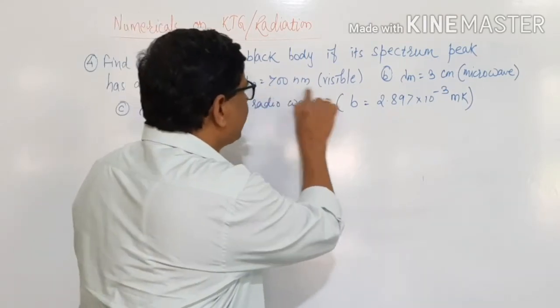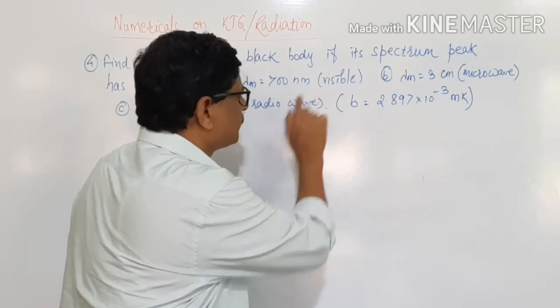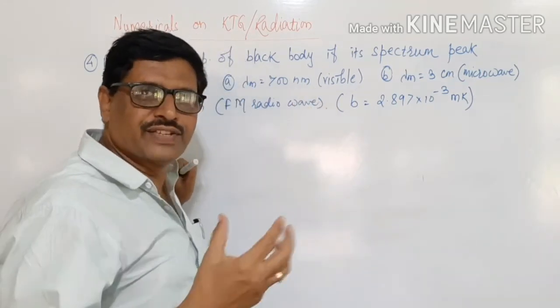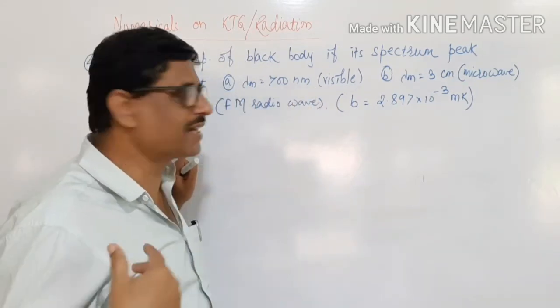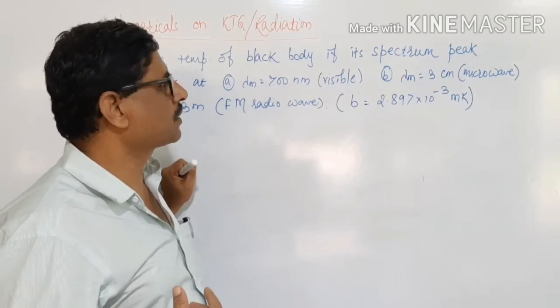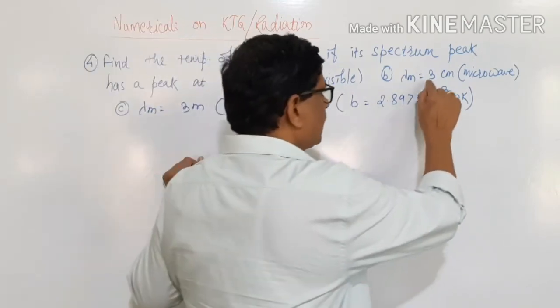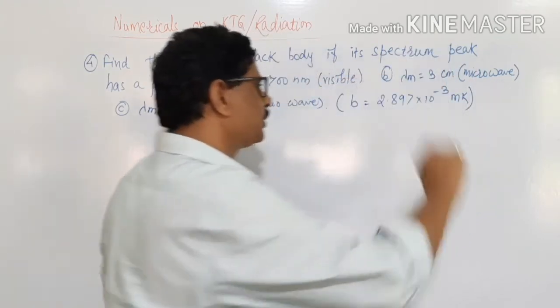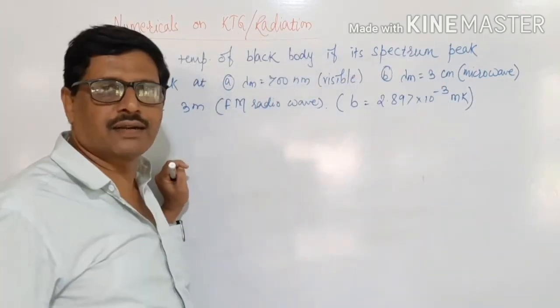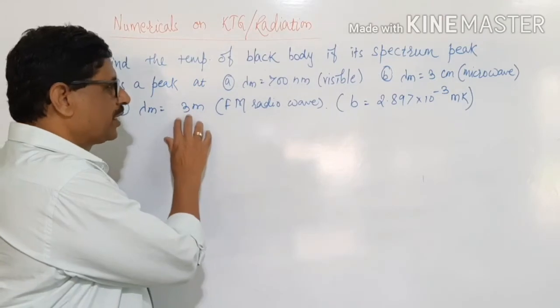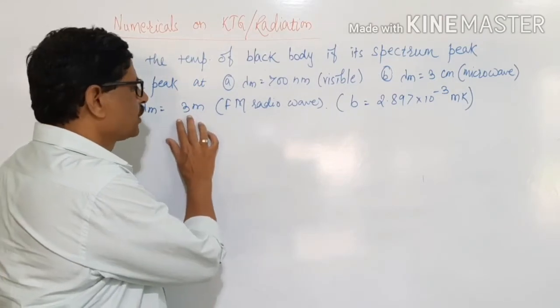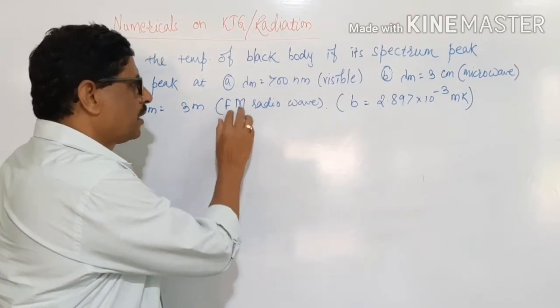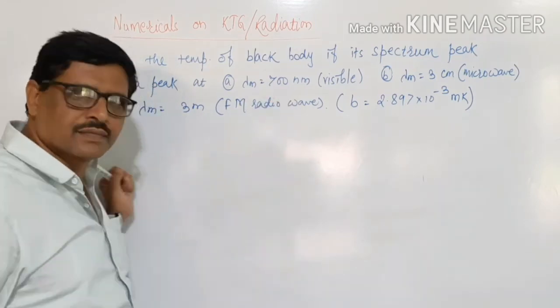One is 700 nanometer. It's in the visible spectrum of radiation. The second wavelength is given as 3 centimeter. It comes out to be in the microwave region. And the third one is of a longer wavelength, 3 meter. It is FM radio wave.